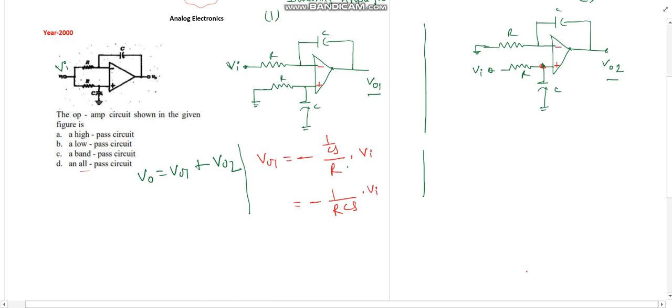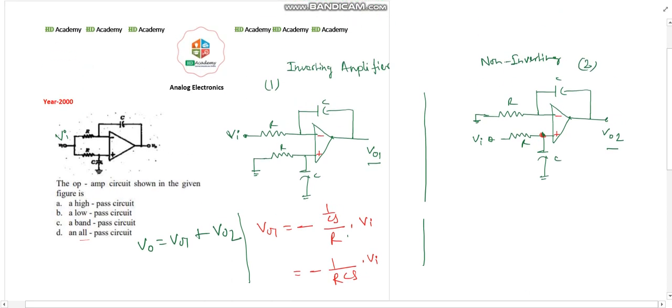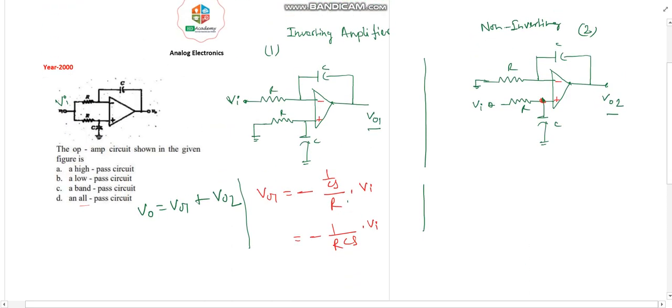Now we calculate the value of V02 of this non-inverting amplifier. Before calculating V02, we have to find this point voltage, because this Vi is not the input of the non-inverting amplifier.